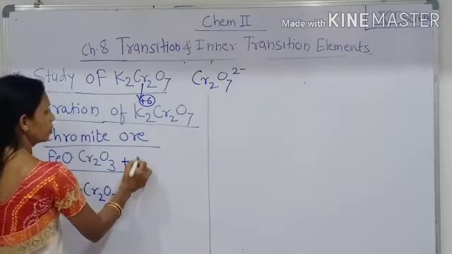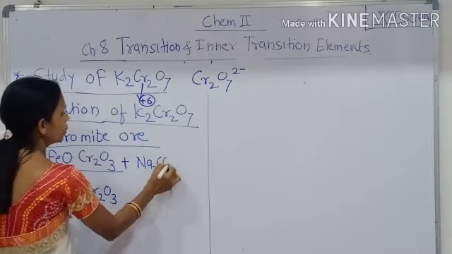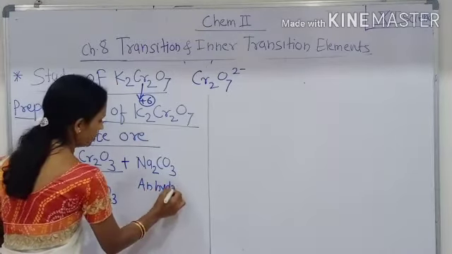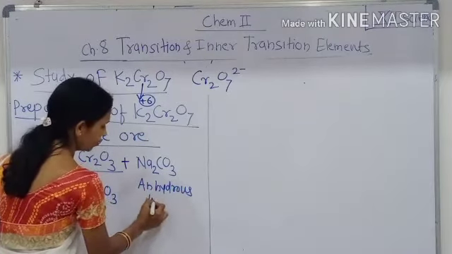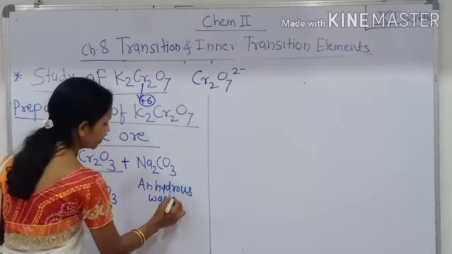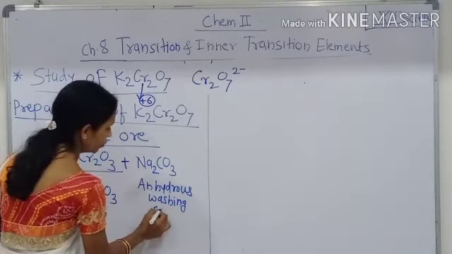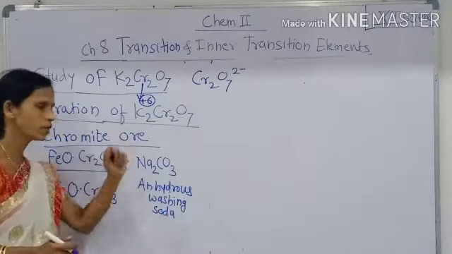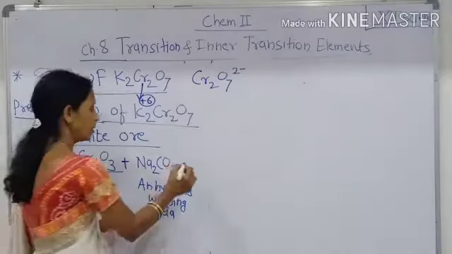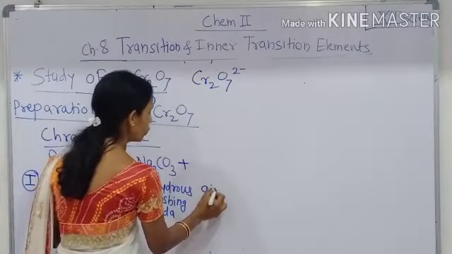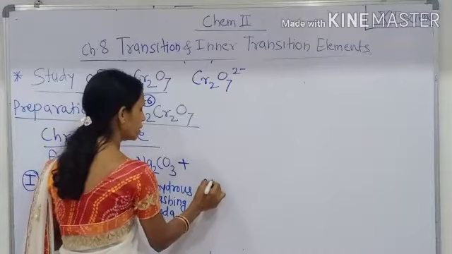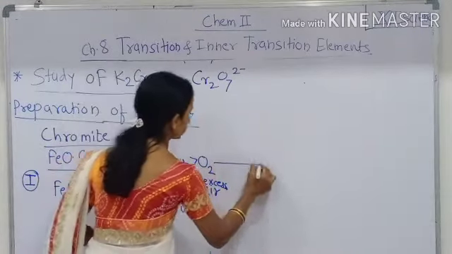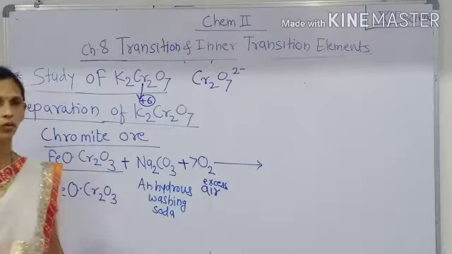Anhydrous sodium carbonate, that is washing soda, or potassium carbonate is used during the preparation of K2Cr2O7, and excess air is passed for oxidation of the chromite ore.